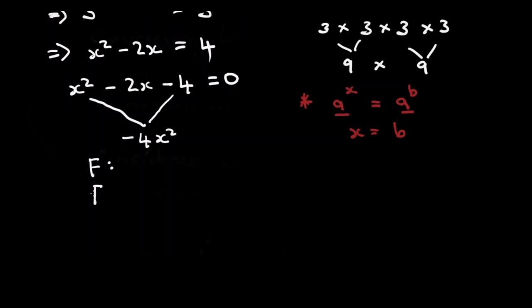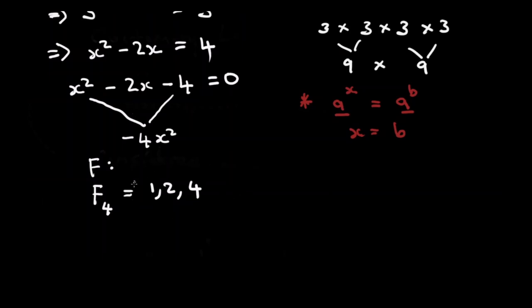So if we look at the factors of 4, we have 1, 2, and 4. These are the numbers which divide into 4 without leaving a remainder. We do not have a combination of these factors which will give us minus 2x if we add them.